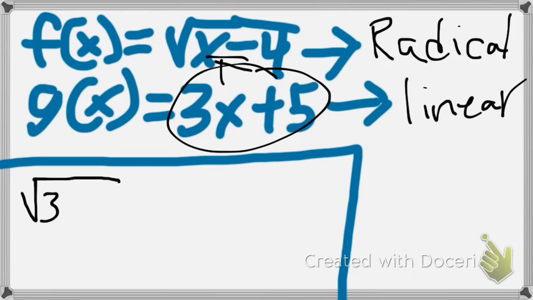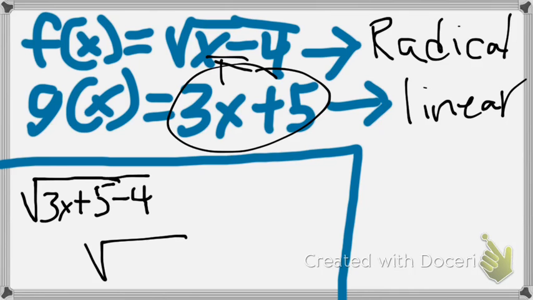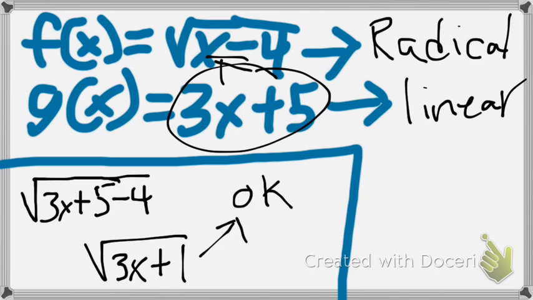So you're going to do 3x plus 5 minus 4. You just have to simplify, and it's just 3x plus 1. And you keep it like that. That is okay. You could go through the long process of finding a decimal, but that's an easier route. So we're going to keep it like that.